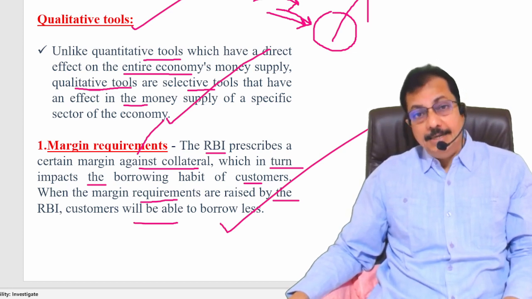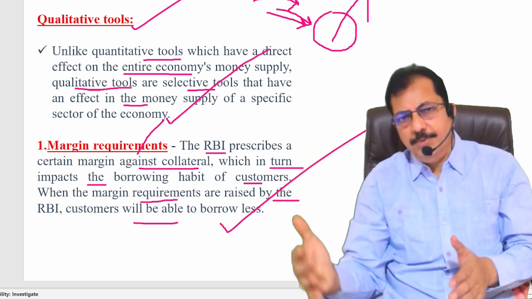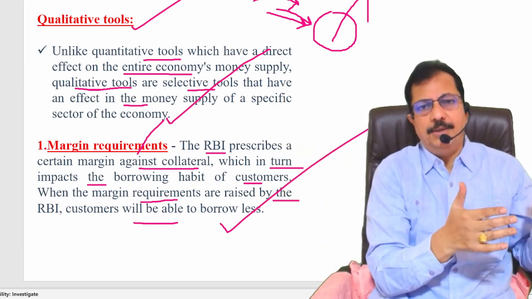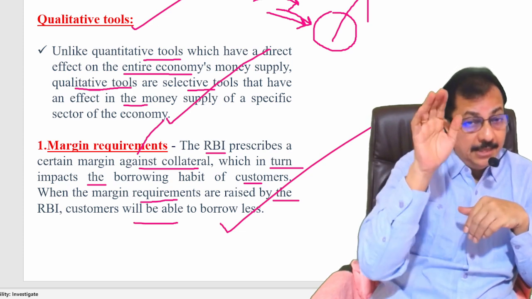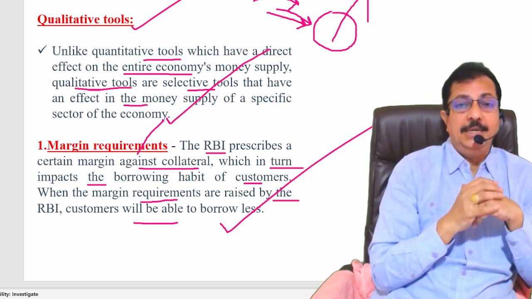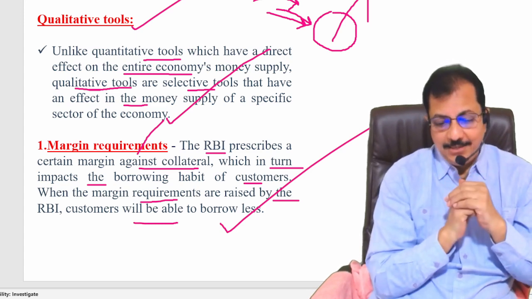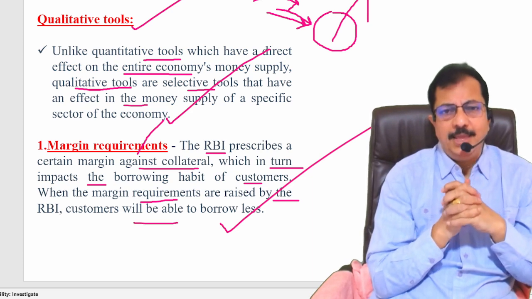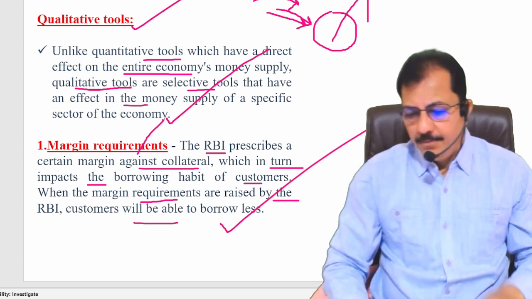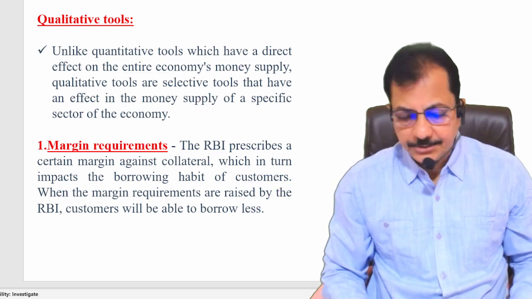That guarantee will be increased by the banks, and everybody will not be in a position to provide the collateral guarantee. That is the reason why the flow of money into real estate will be stopped or restricted. That is called margin requirements by RBI. Got it? Next.